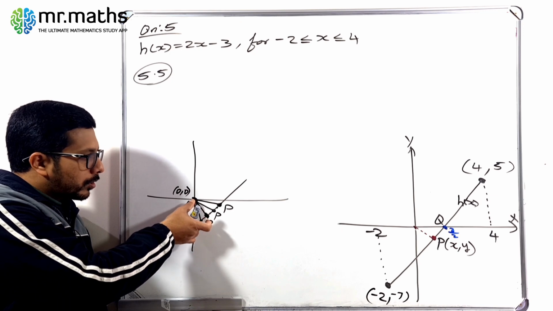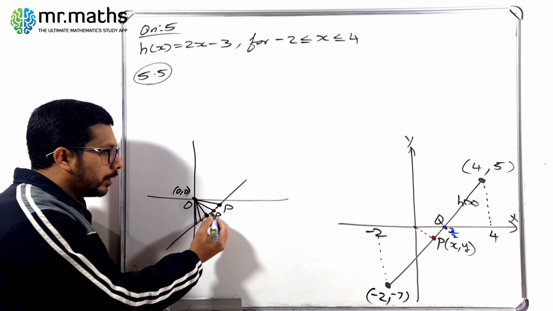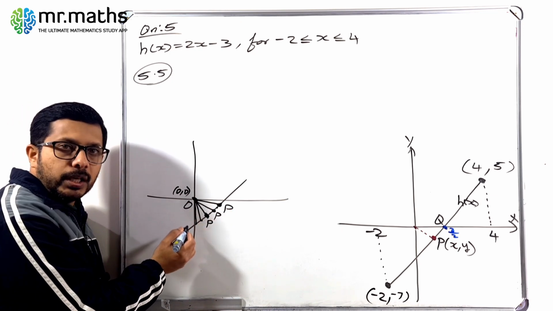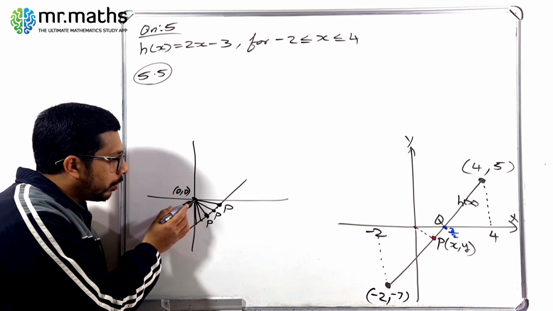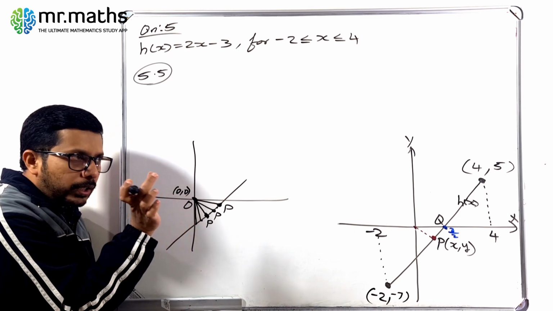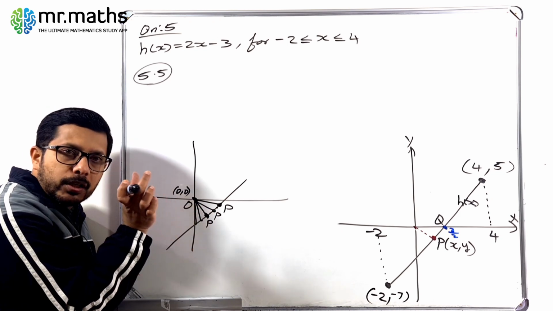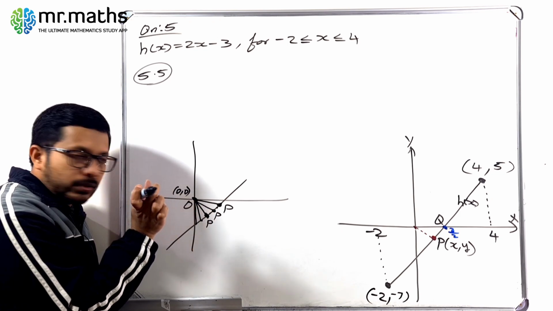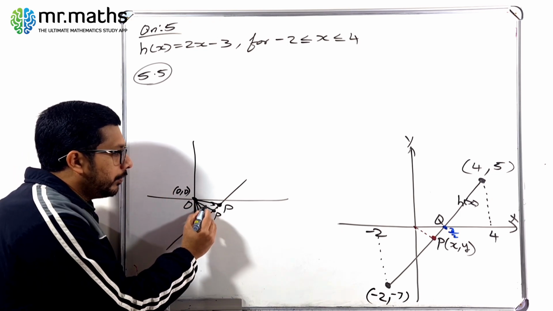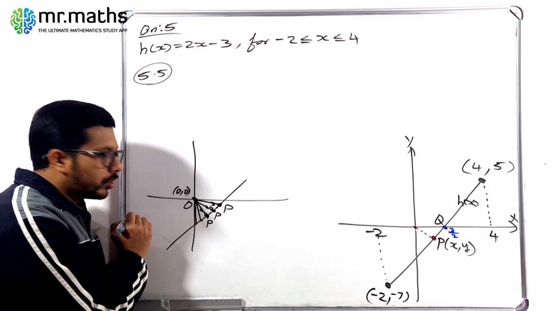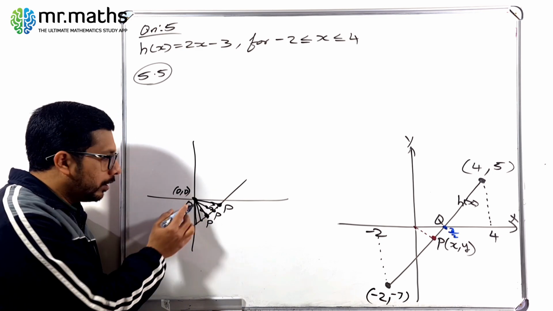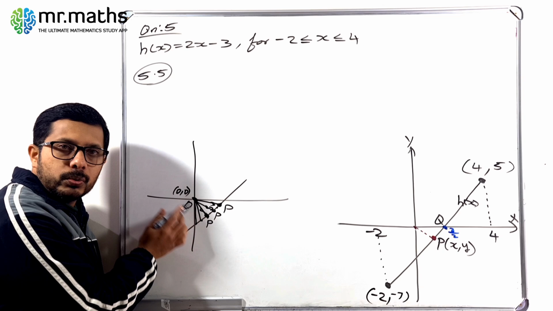P can be anywhere, but only one condition: P must be closest to the origin, or the distance between O and P, the center and this P, must be the smallest. So if here it is 3, here it is 2.7, and this one is 2, which one is the closest? This 2 is the closest. OP is 2, that is the closest.